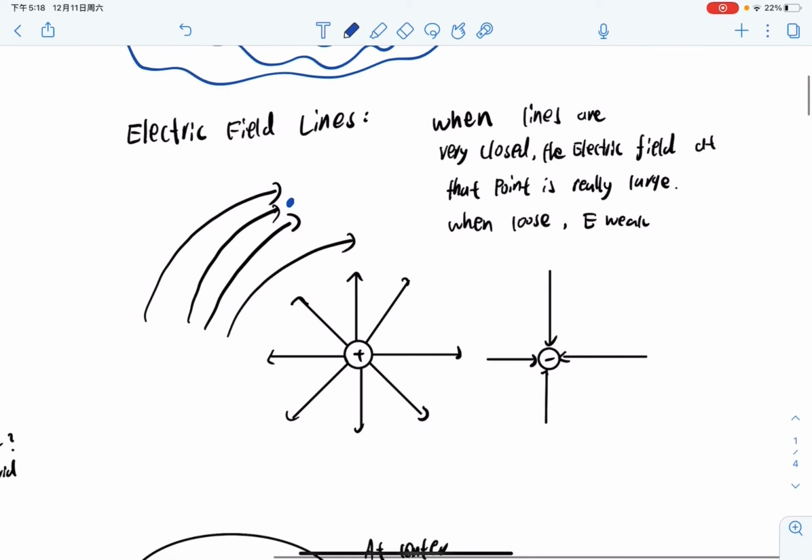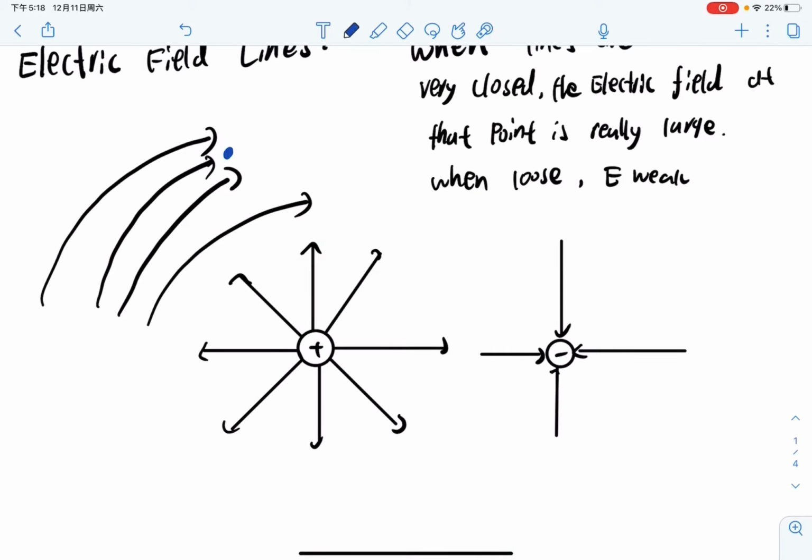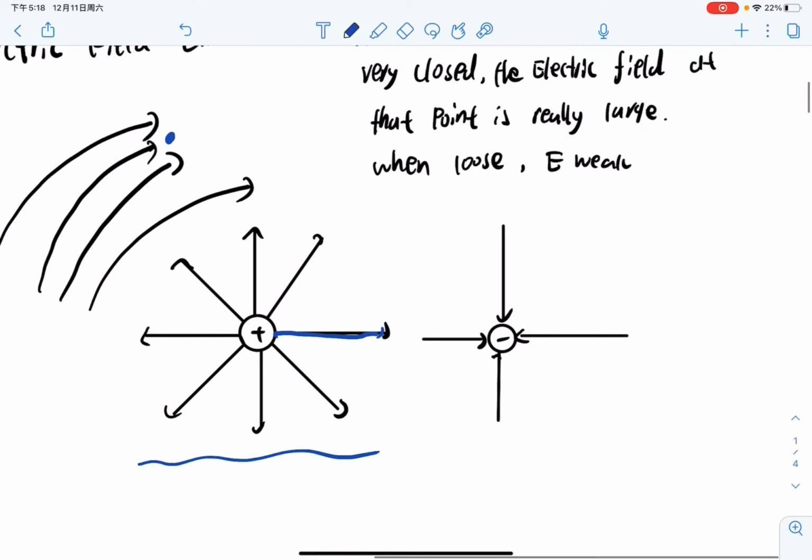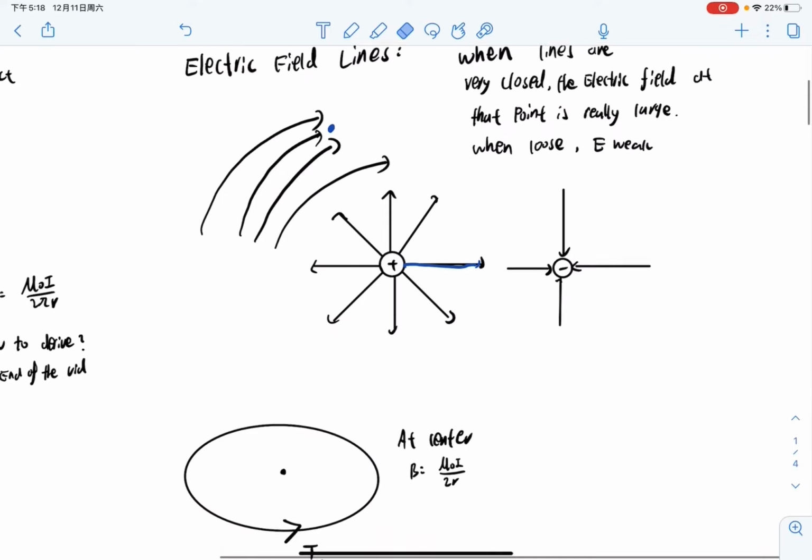For a positive charged particle, the electric field lines come out of it, so you can draw it as the diagram shows. For a negative charged particle, the electric field lines go into it.